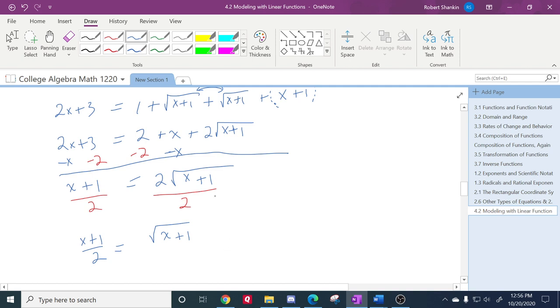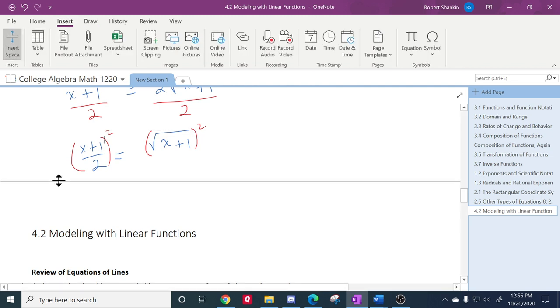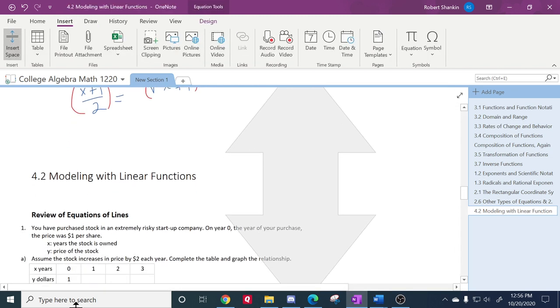Okay, so I got the square root all by itself. Once you get the square root all by itself, square both sides. This can be a long problem.